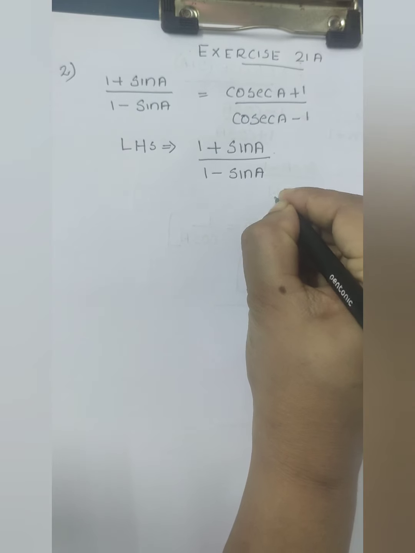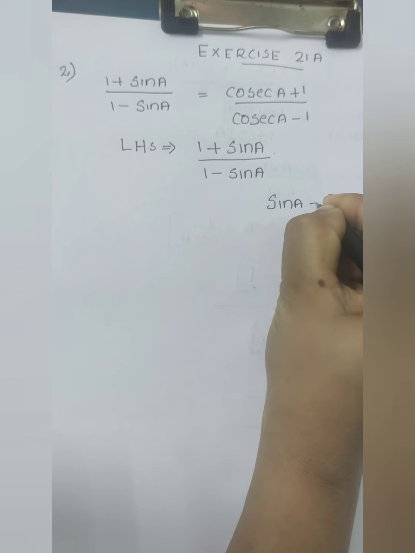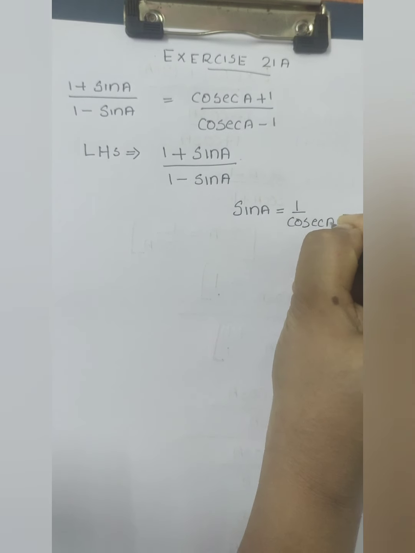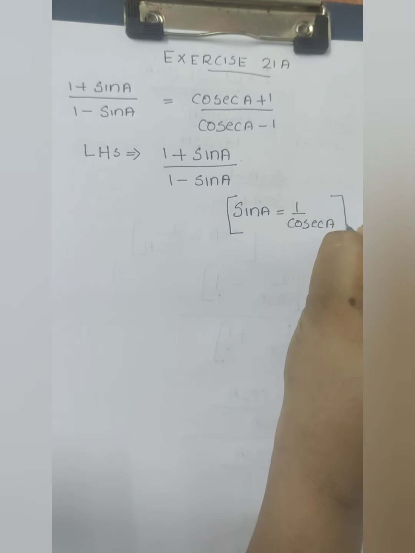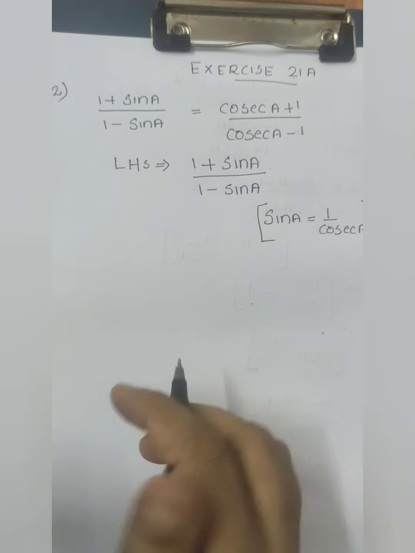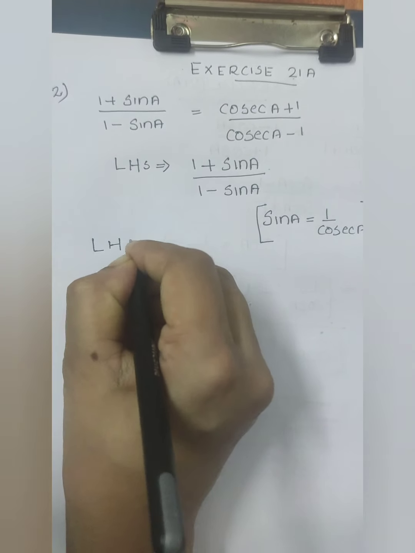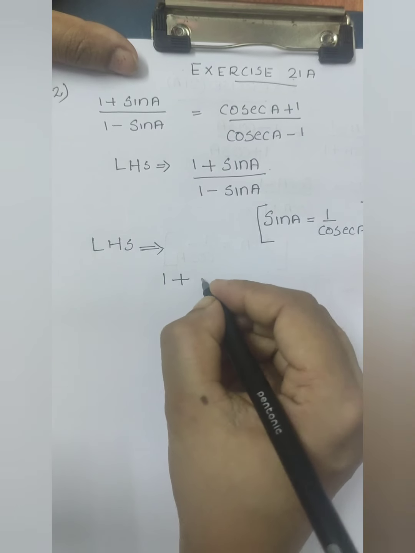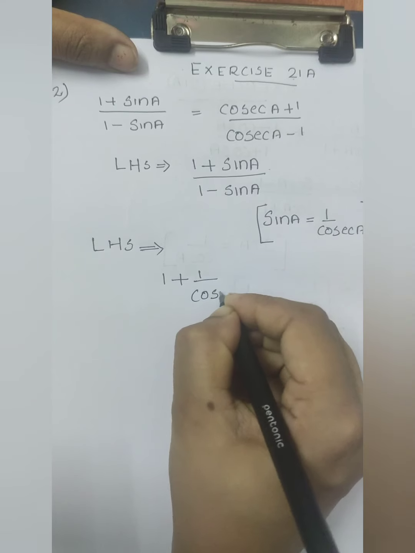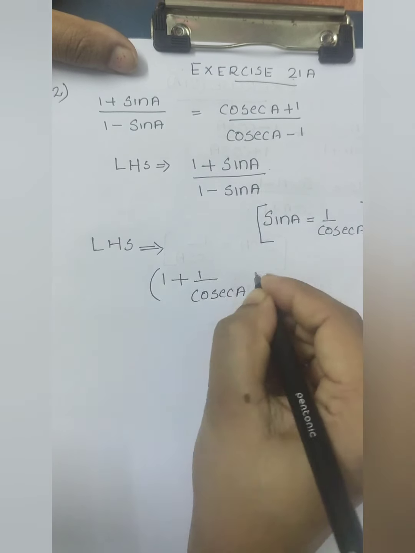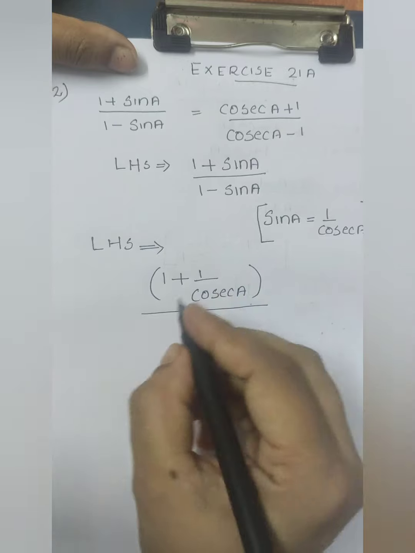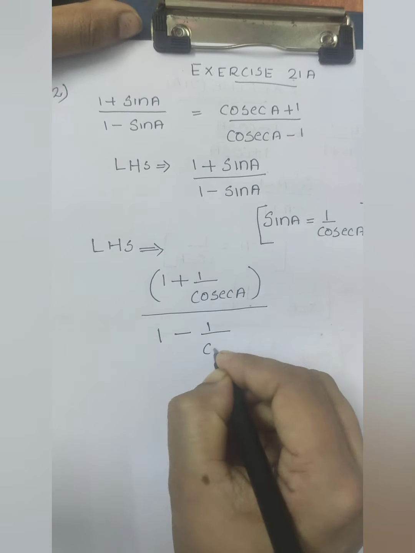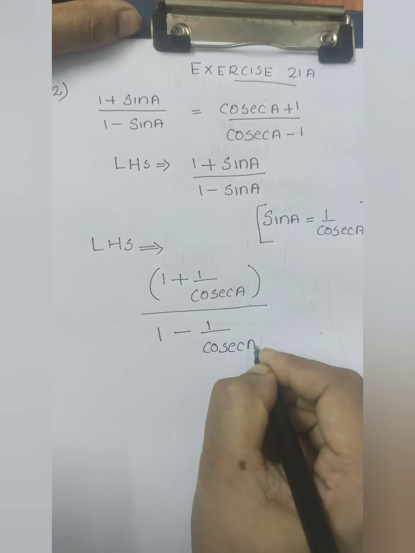Reciprocal relationship: sin A equals 1 by cosec A. So our LHS will become 1 plus, instead of sin A, 1 by cosec A, put it inside a bracket, whole divided by 1 minus sin A, instead of sin A, 1 by cosec A.